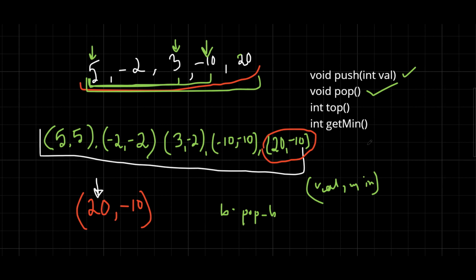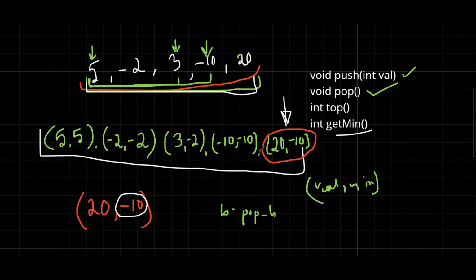Now, for the getMin method, again, we take the last element of the vector. Here, the last element of the vector is 20, minus 10. And for the minimum element, we simply return the second value of the pair, which is minus 10, because minus 10 is the most minimum value till the last element.